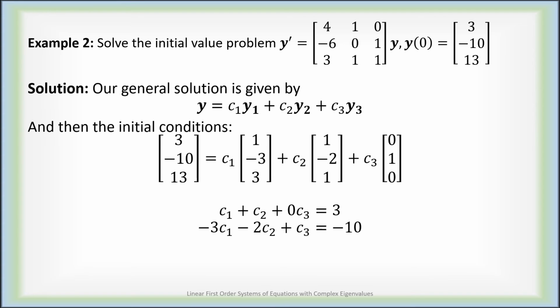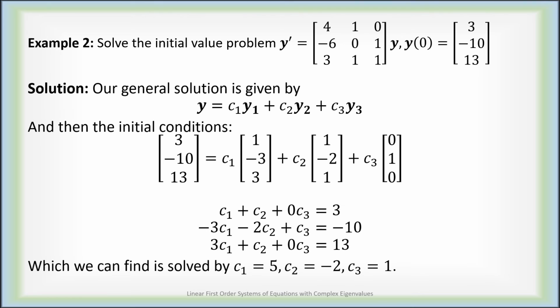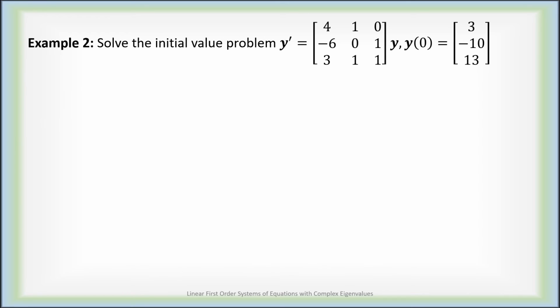In the middle row, negative 3c1 minus 2c2 plus c3 must equal minus 10. And in the bottom row, 3c1 plus c2 plus 0c3 must equal 13. We now have 3 equations in 3 variables. We can eventually solve this as c1 must be 5, c2 must be minus 2, and c3 must be 1.